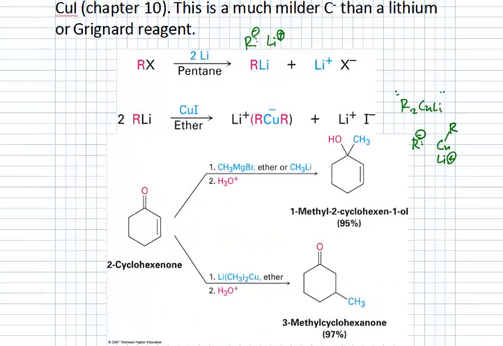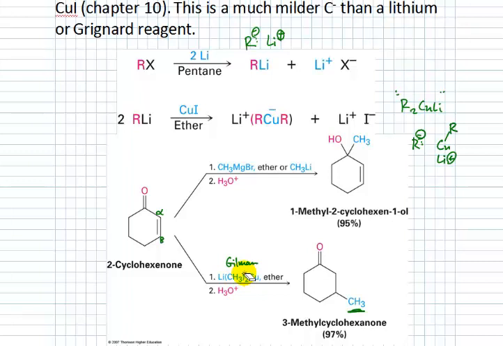So that means if I have an alpha beta unsaturated carbonyl compound like that, and I react it with that gentle Gilman reagent, this is dimethyl copper lithium, or lithium dimethyl copper, whatever you want to call it. We add one of those methyl groups. We have 2 of them in this copper compound, but only one of them is nucleophilic.